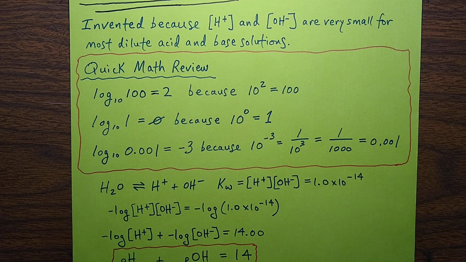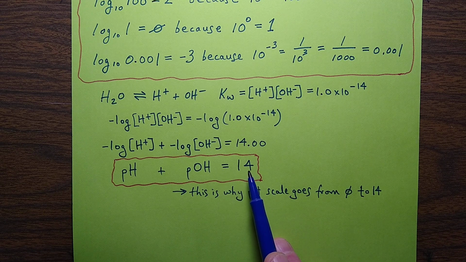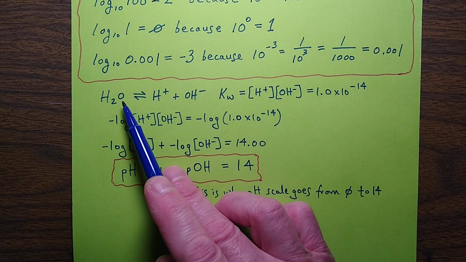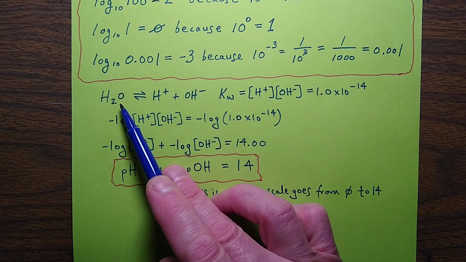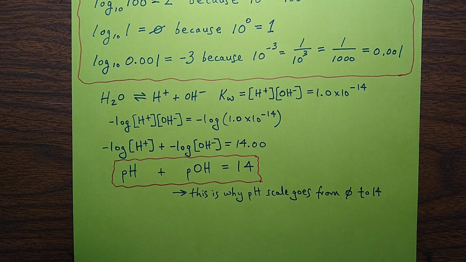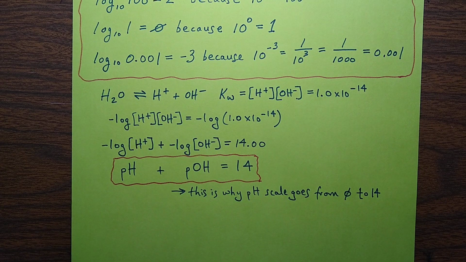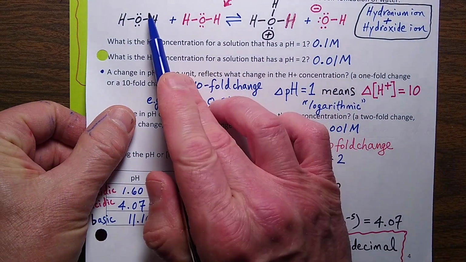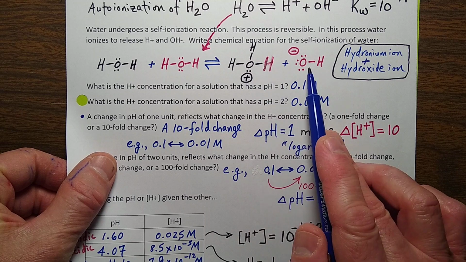So the other thing is, with deriving this formula, where the number 14 comes from. Let's go back to the equilibrium of water. Now I can write the auto-ionization of water a little simpler. Before, I had it written as 2 water molecules giving you H3O plus and OH minus.